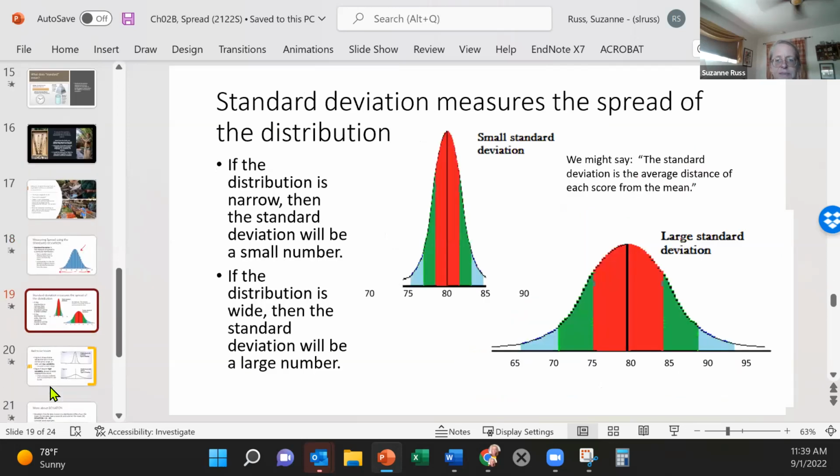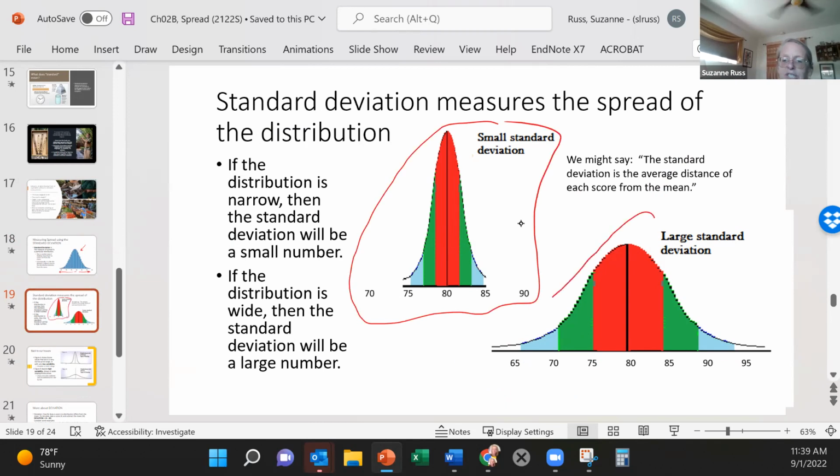And we already looked at how we can have a small standard deviation, like here, if we have a really narrow set of values. Or we could have a large standard deviation, like here.